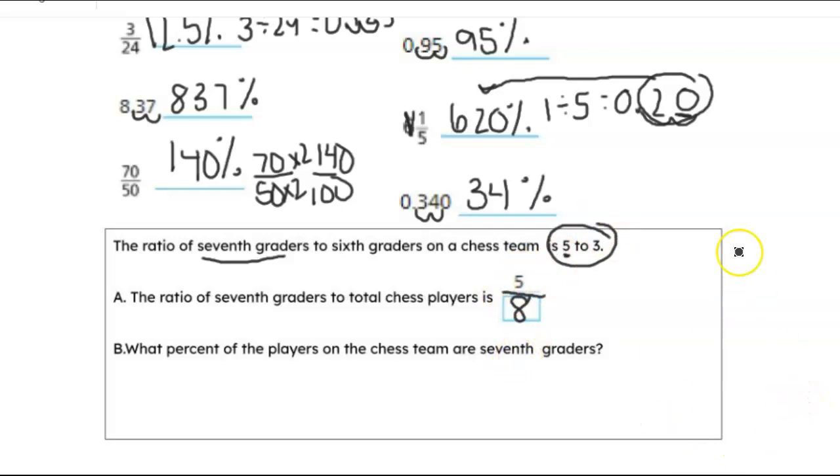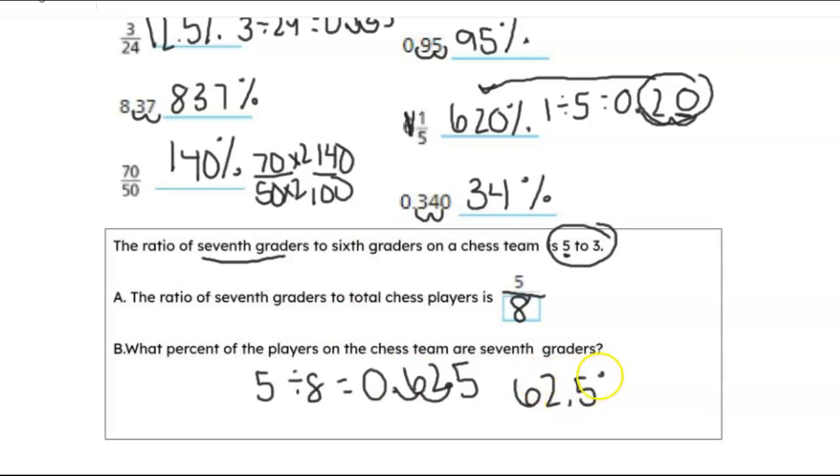What percent of the players on the chess team are 7th graders? So I'm going to take 5 divided by 8. And that is 0.625. To change the decimal into a percent, we move it 2 times to the right. So I get 62.5%. And that's it on the first lesson.